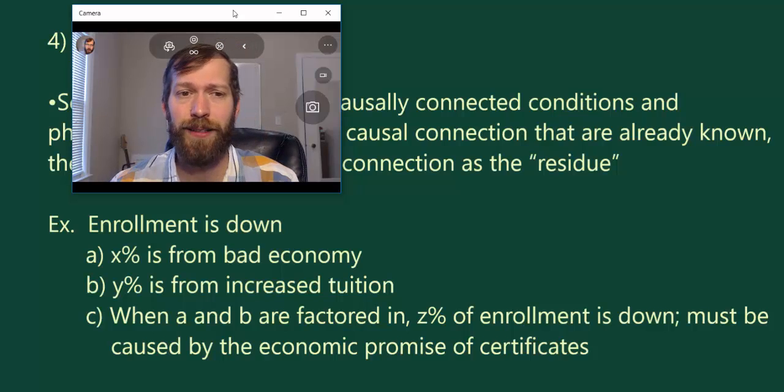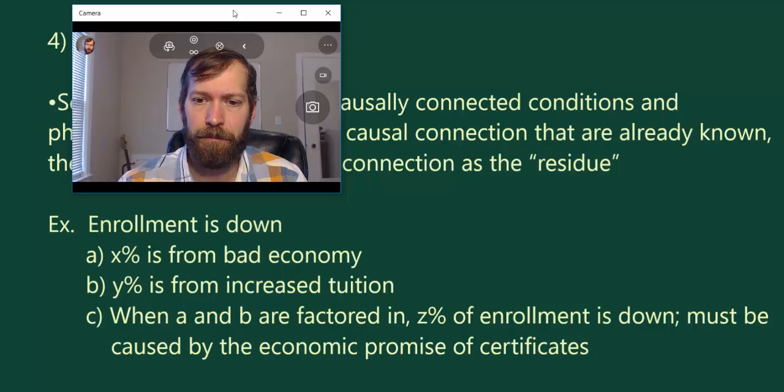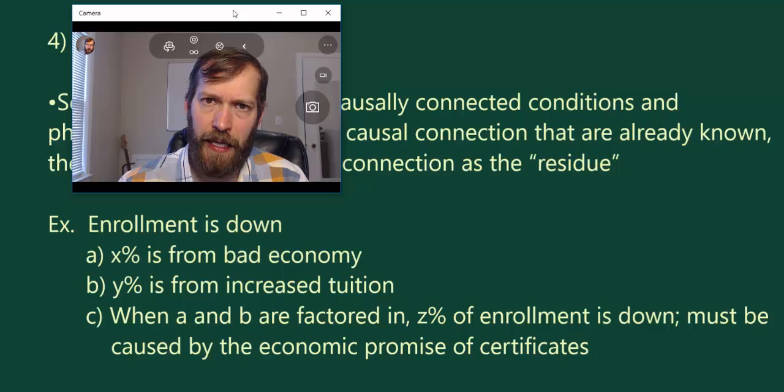So again, people can't afford it because you've increased the tuition. And there's still this remaining 40%. Well, how is that going to be explained? Oh, well, it must be because people are now looking at certificates that you can get much cheaper than getting a bachelor degree, for instance. And it must be that people are deciding to go for these certificates instead of a bachelor degree. And that's what explains this remaining 40% drop in enrollment.